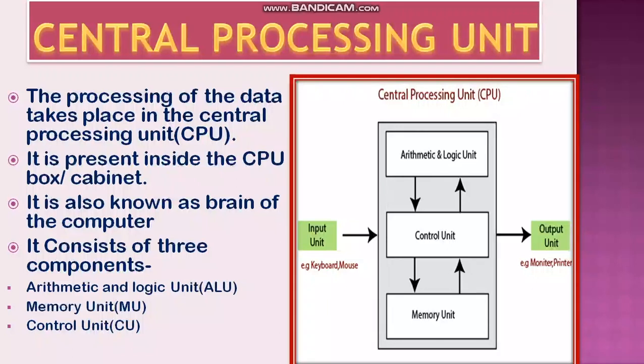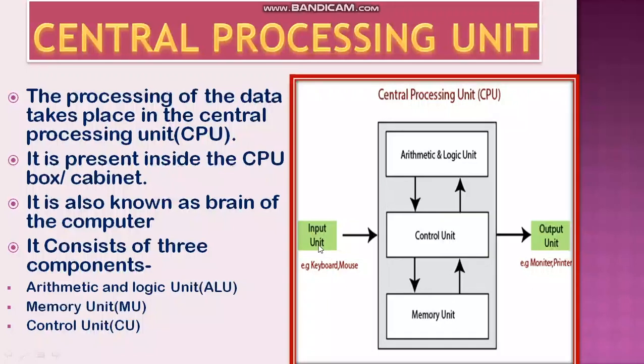It is also known as the brain of the computer. It consists of three components: ALU, that is Arithmetic and Logic Unit, MU, Memory Unit, and CU, Control Unit. In this diagram, as you can see, the Central Processing Unit has three components: ALU, CU and MU.